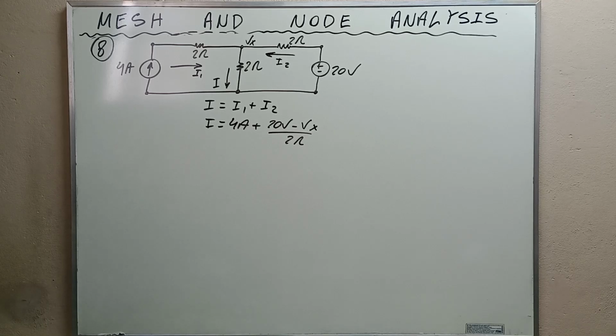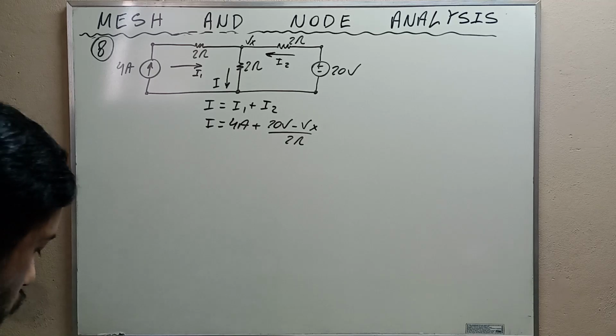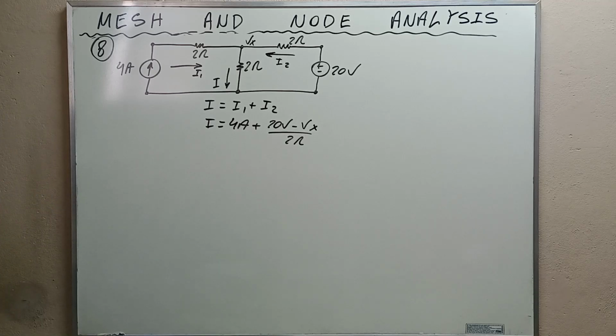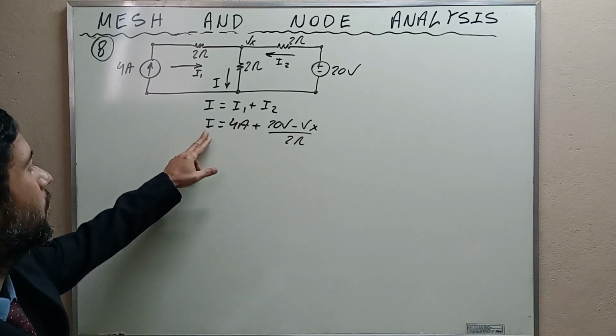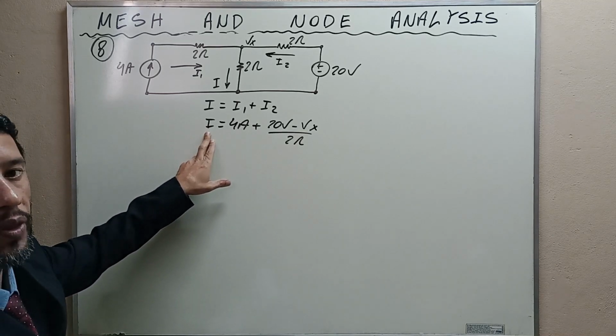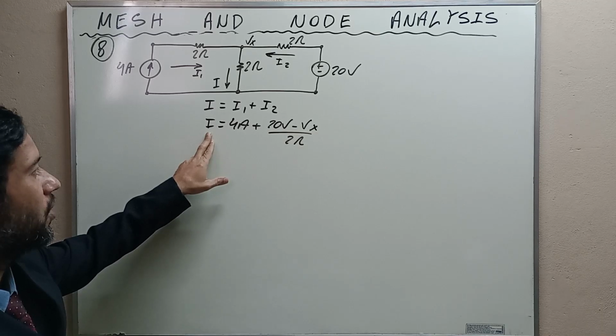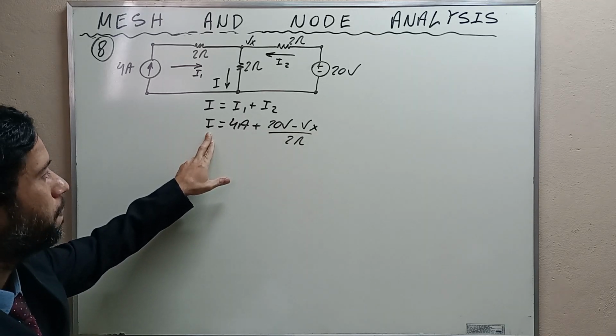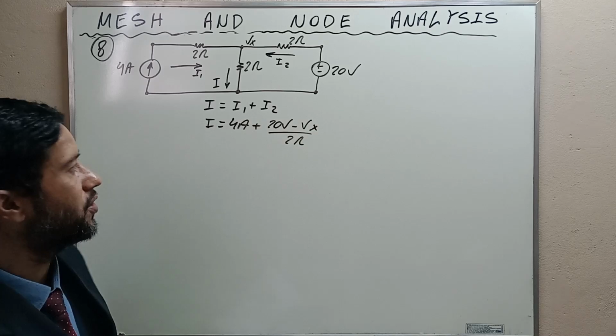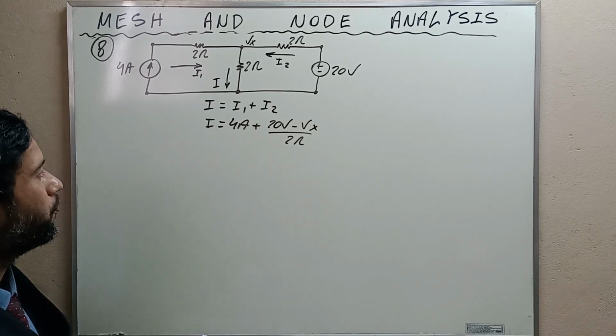We can also work on this, because here there is I and we don't know I, and there is Vx here. We have two variables.